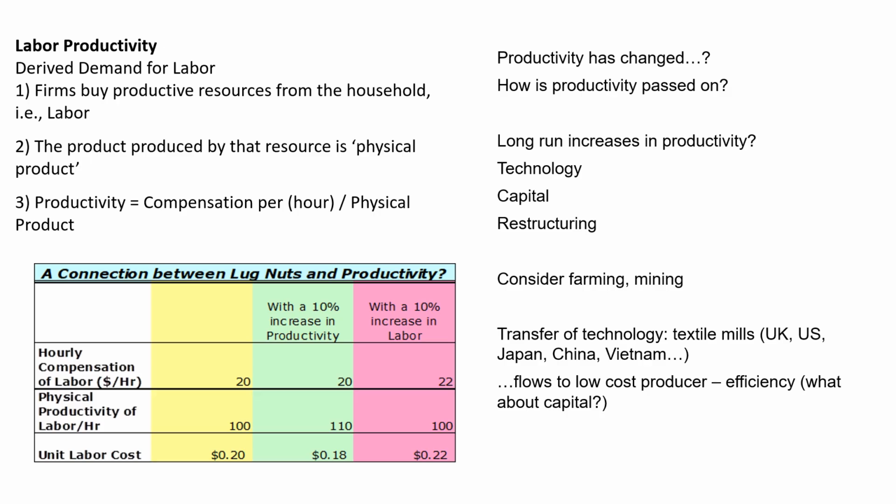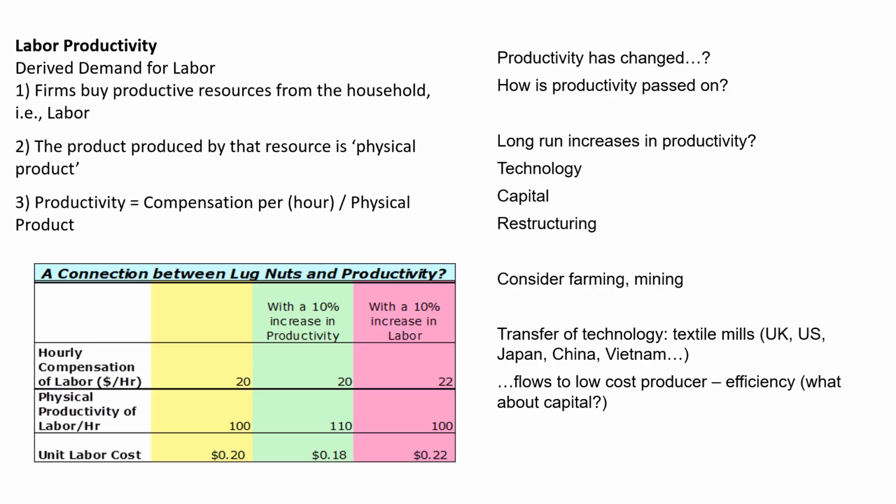For the household as consumer, right? So you could look at it as that demand coming from the household, pulling products from the firm, or you could say it's coming from the firm pulling productive resources to produce those goods and services, once again for the household.